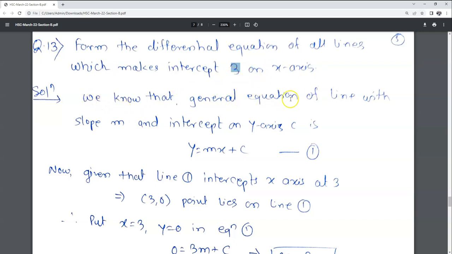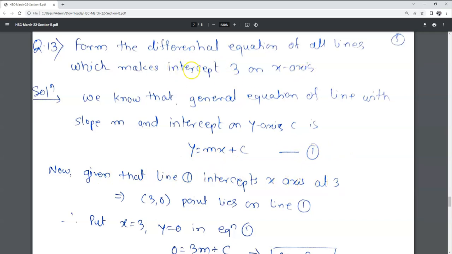So we know that the general equation of the line with slope m and intercept c is y is equal to mx plus c, where c is what? The y intercept, not the x intercept. This is the x intercept. This c is the y intercept, and m is the slope of the line.